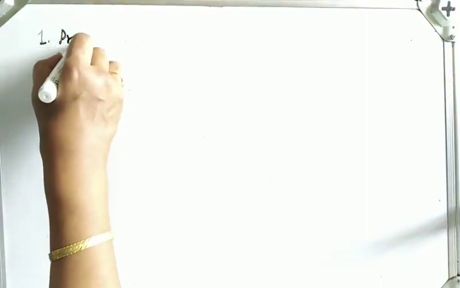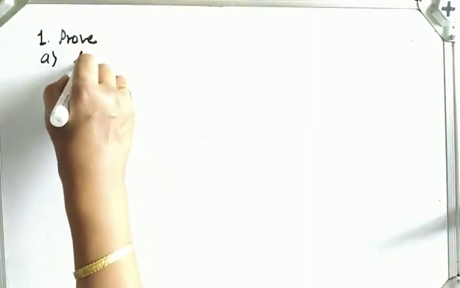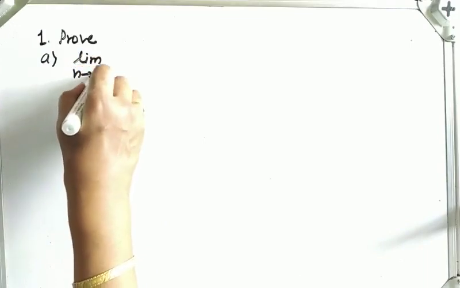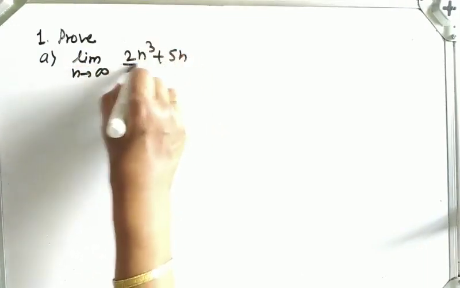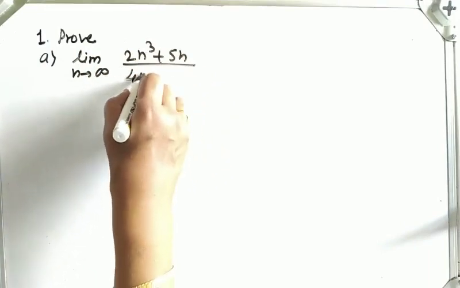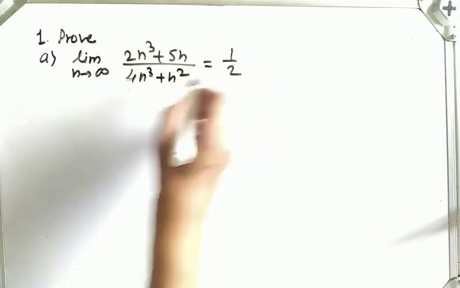Now let us solve some examples from the exercise. So, first example, prove, sub-question A: the limit as n tends to infinity of 2n cube plus 5n upon 4n cube plus n square is equal to 1/2.